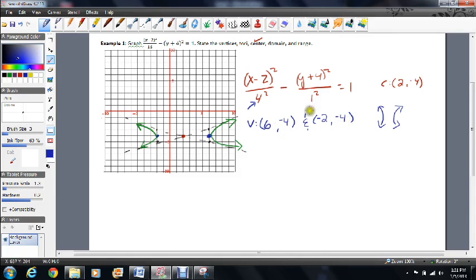So let's figure out the other couple of things. We've taken care of a bunch of things so far. We've taken care of the vertices. We've also taken care of graphing the function. We still need to figure out what the focus points are, or the foci.